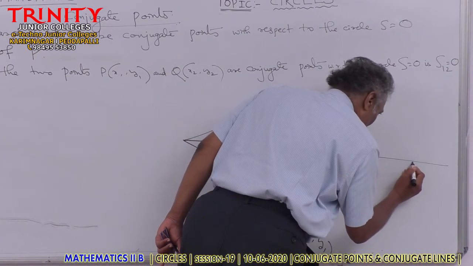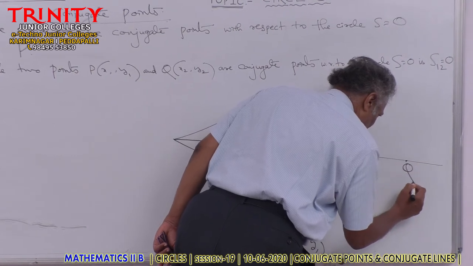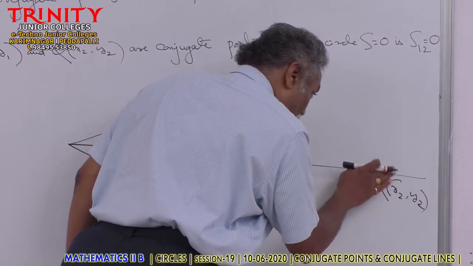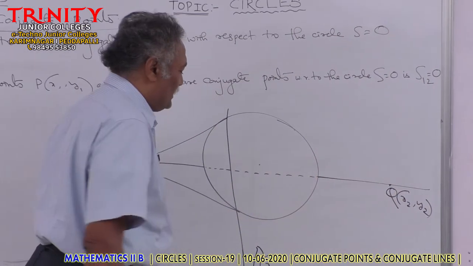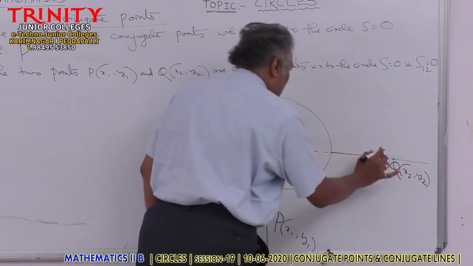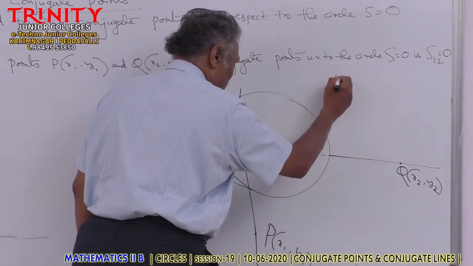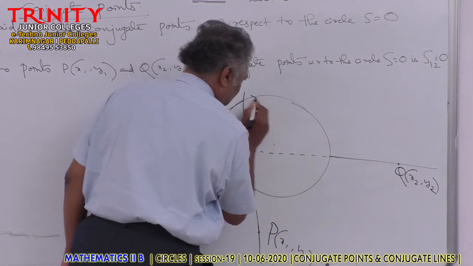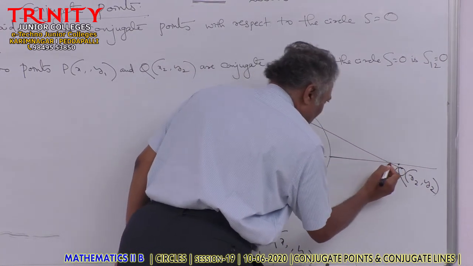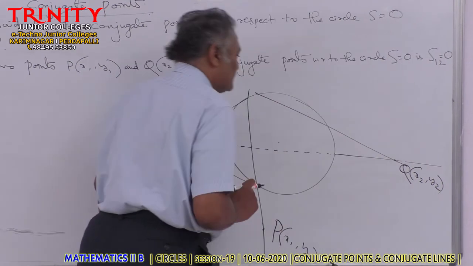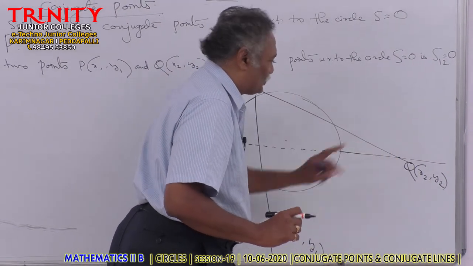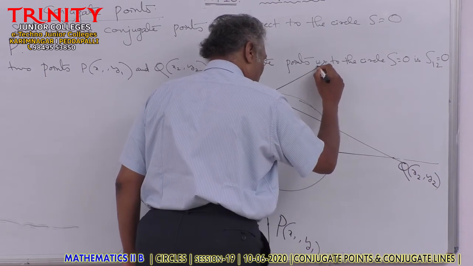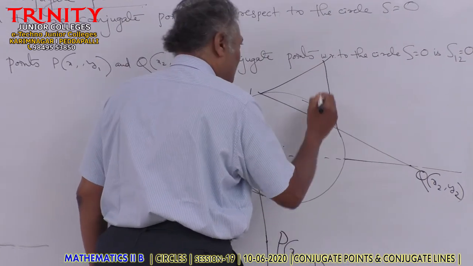If Q, x2 comma y2, lies on this polar, now take this one. This line is passing through Q. These are the tangents at the ends of this.